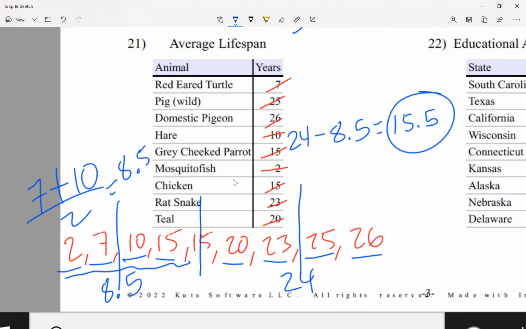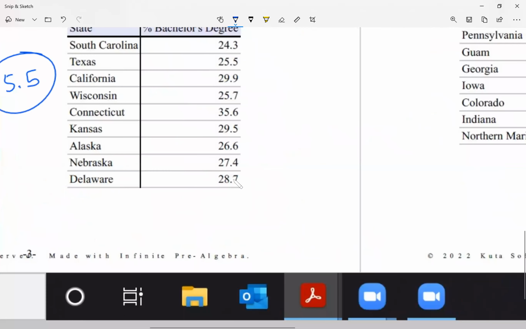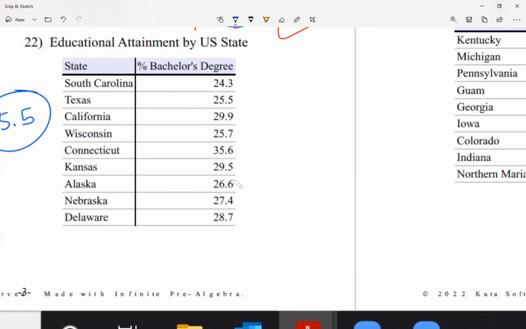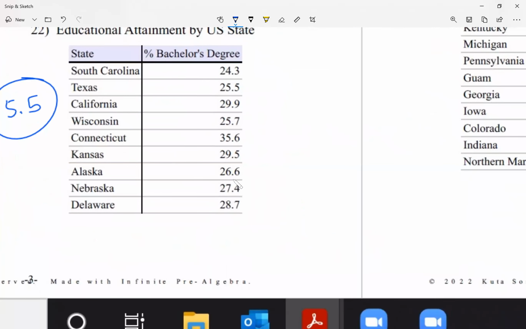All right, let's take a look at number 22. Talk about educational attainment by U.S. state. How many people, percentage-wise, get a bachelor's degree according to some states? Let me list my numbers from smallest to largest. The smallest number happens to be 24.3.